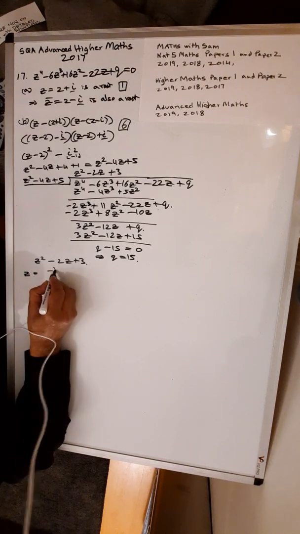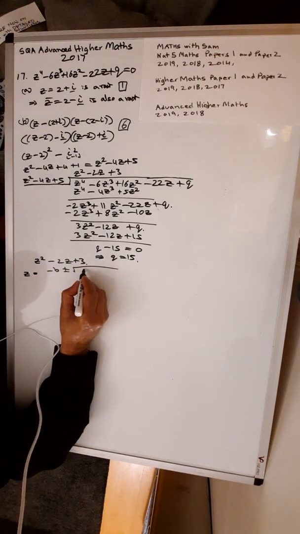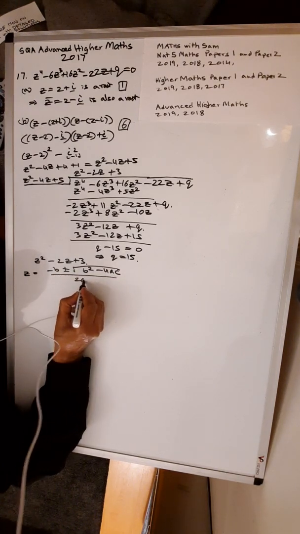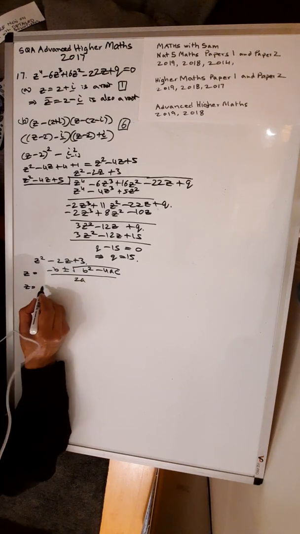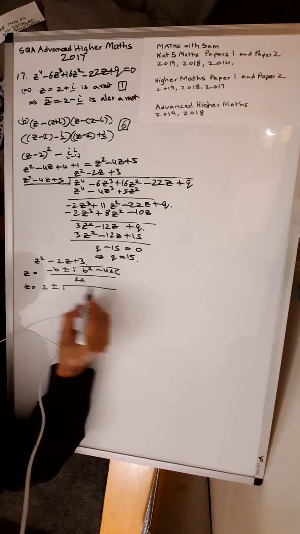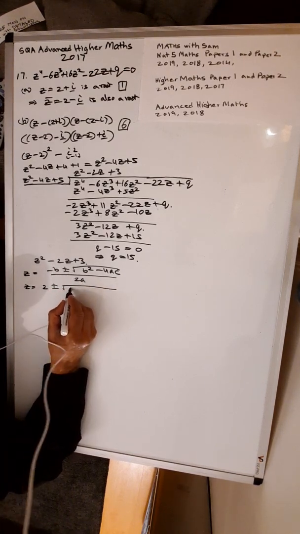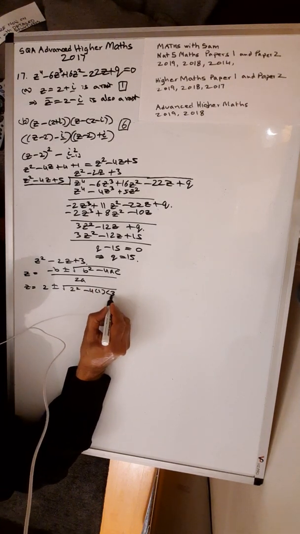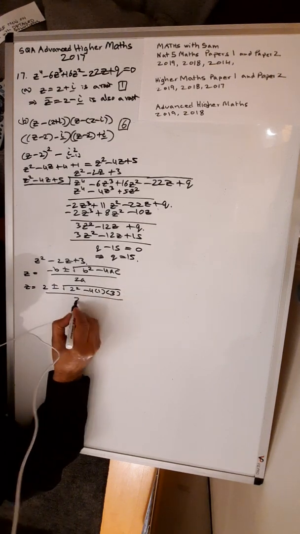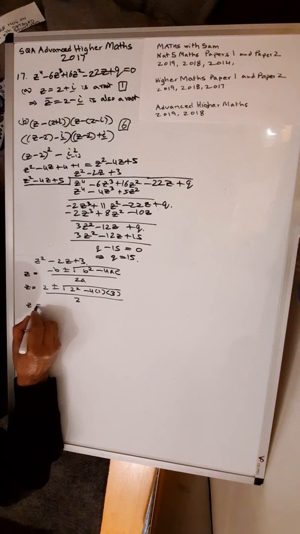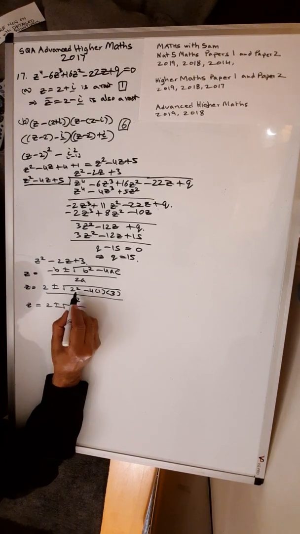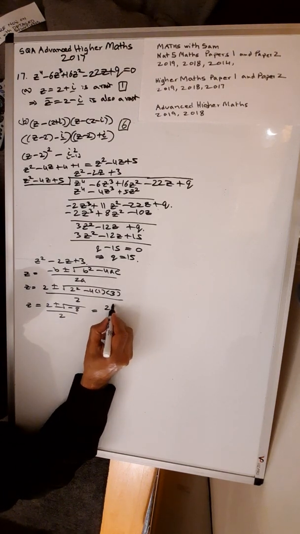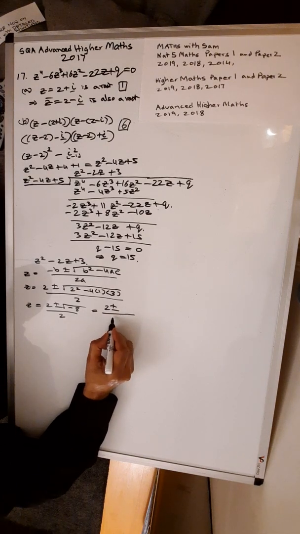So z is equal to minus b plus or minus the square root of b squared minus 4ac, all over 2a. z is 4 plus or minus the square root of 16 minus 20, all over 2, which gives the square root of minus 4.